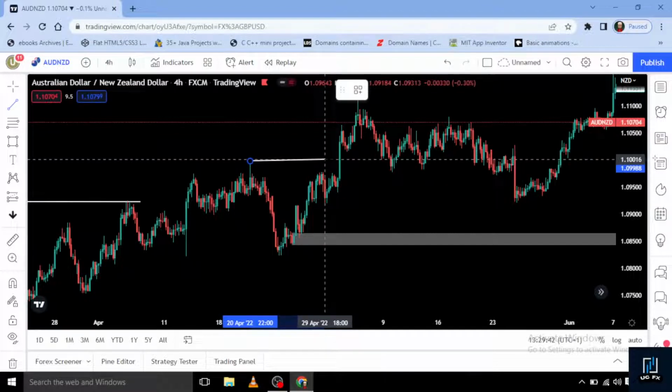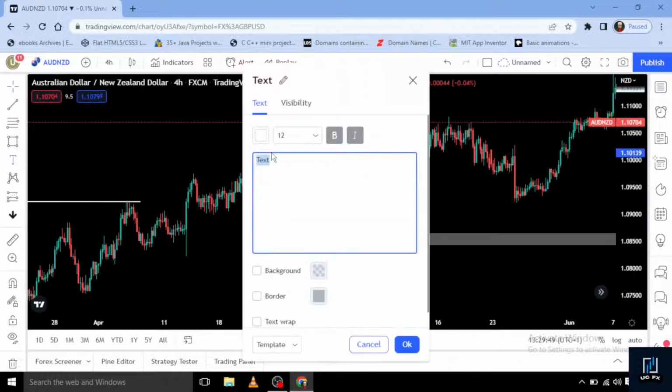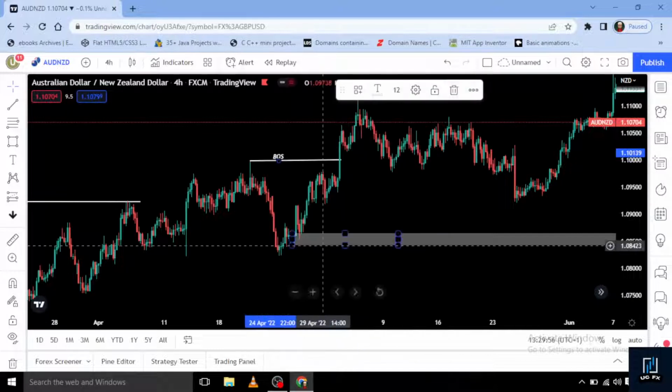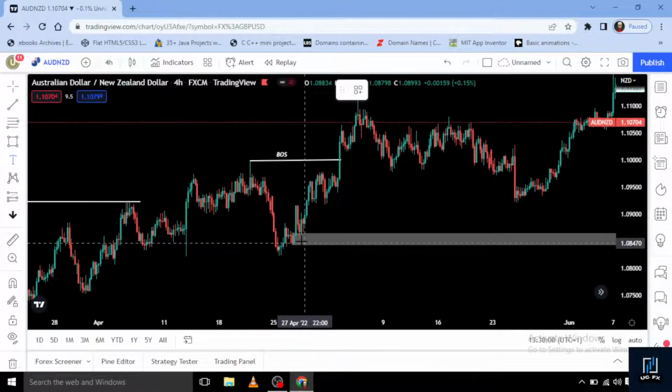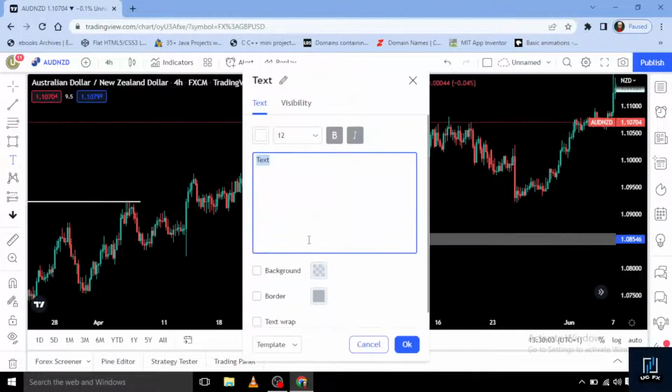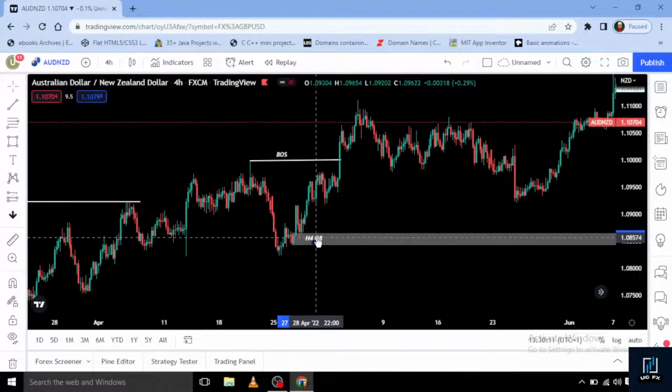So BOS, we had a break of structure, and we have our H4 order block. Then what next?